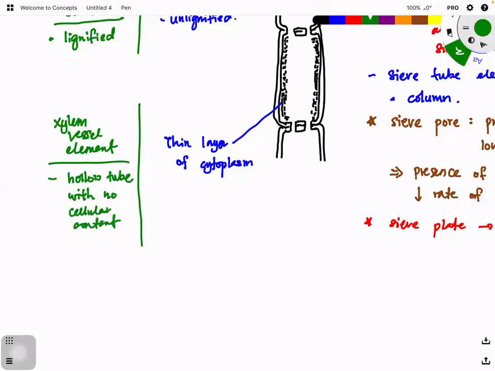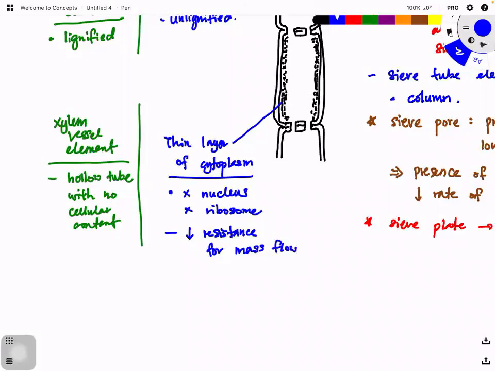But sieve tube elements have a thin layer of cytoplasm, but they don't have a nucleus, they don't have ribosomes. Are you clear? This thin layer of cytoplasm is also to reduce the resistance to mass flow.